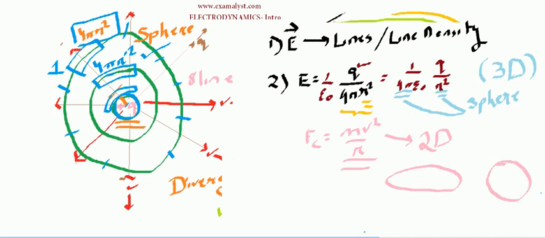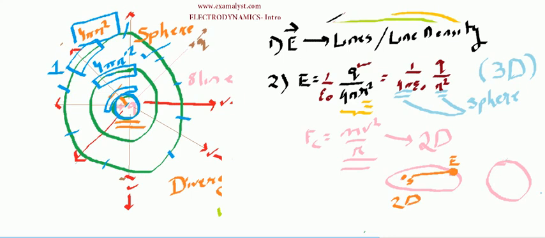So what does centripetal force do? It makes motion. Under the influence of the sun, the earth is moving in an elliptical path, and this elliptical path is 2D.